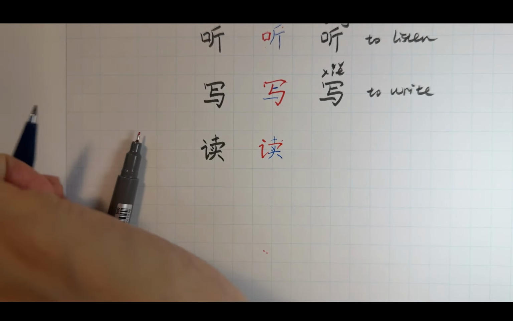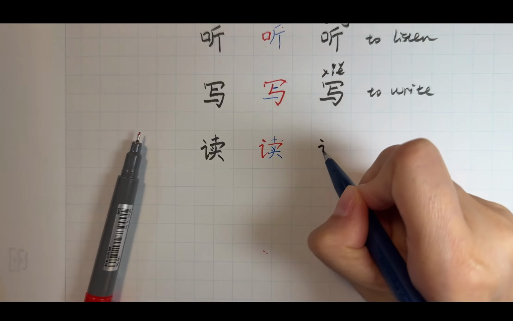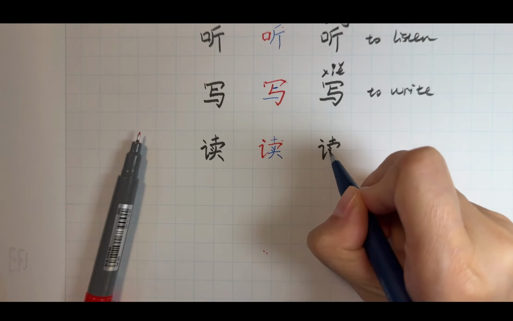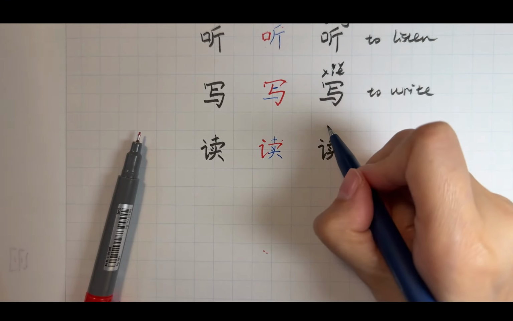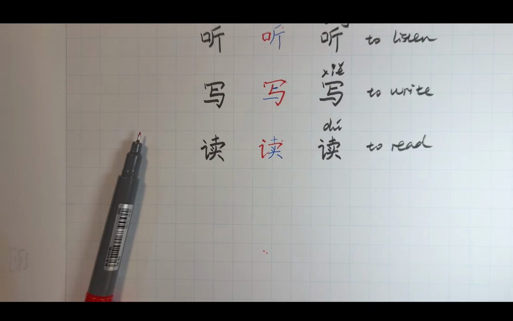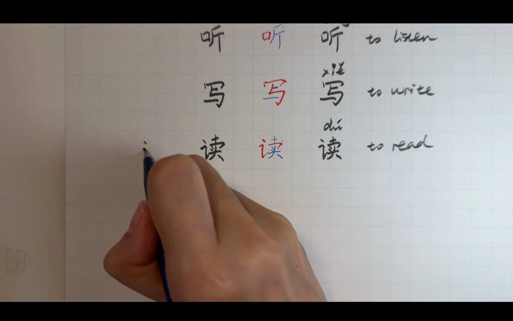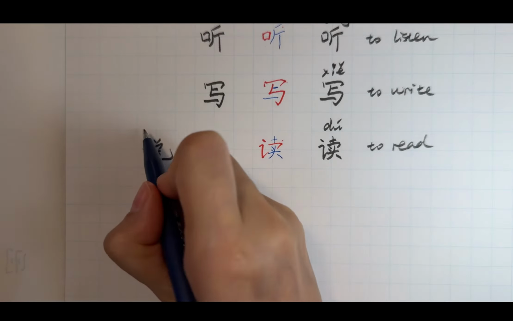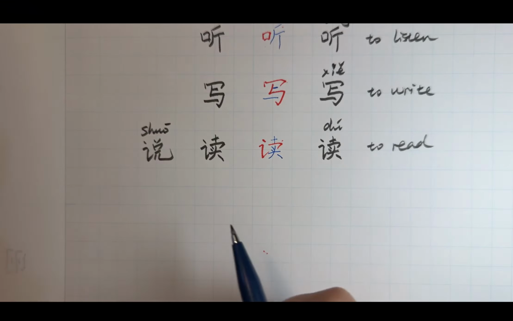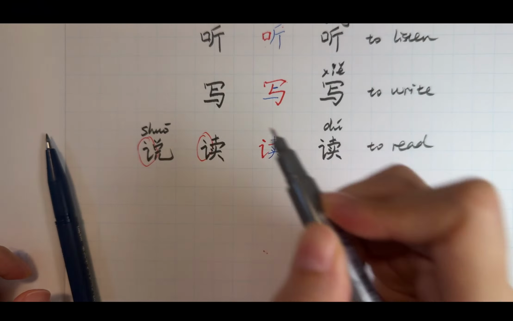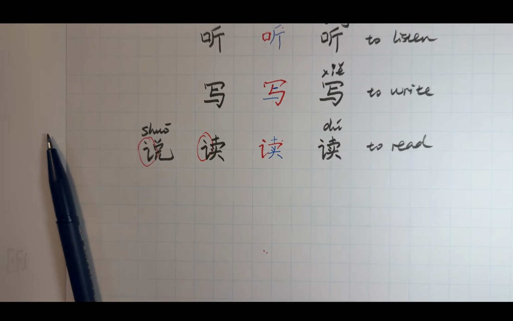So this is 读. 你今天读书了吗？Have you read today? To read. Remember just now, the 说 also has 言字旁. 说 is to speak. 说 also has this. We call it 言字旁, speech.